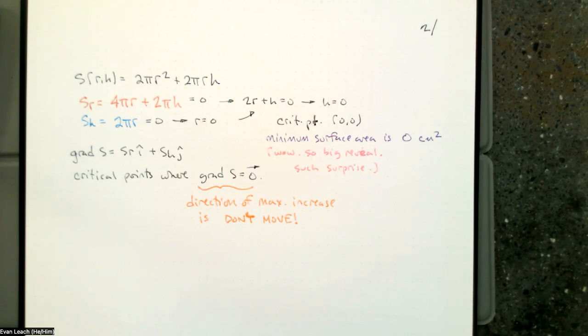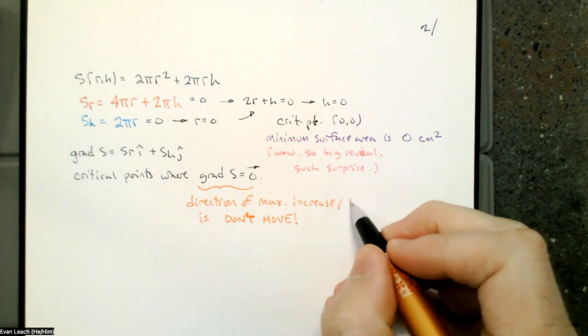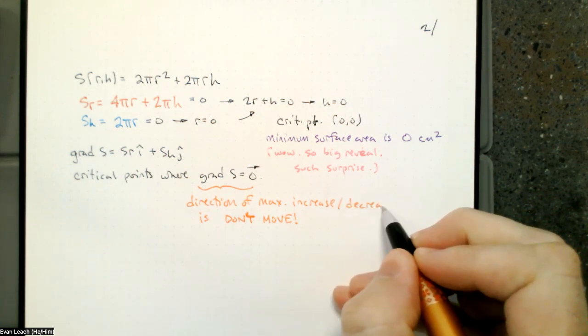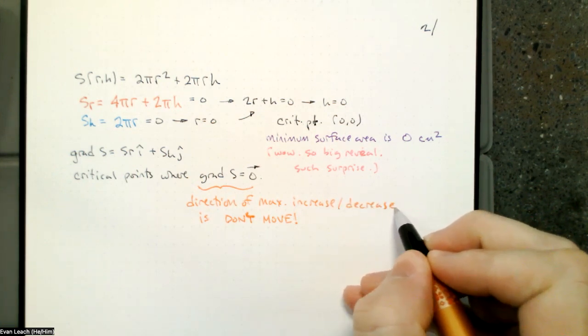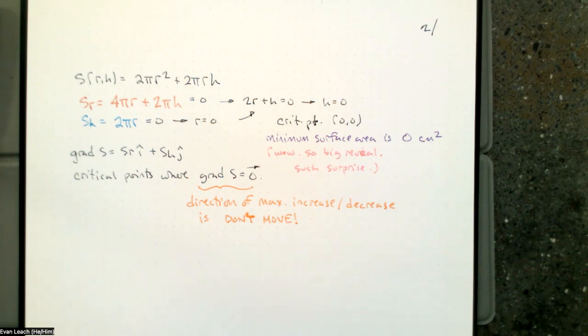And the direction of maximum decrease. That's the way we interpret our gradient.